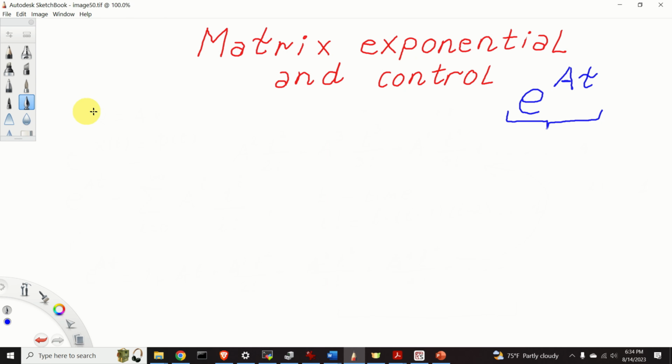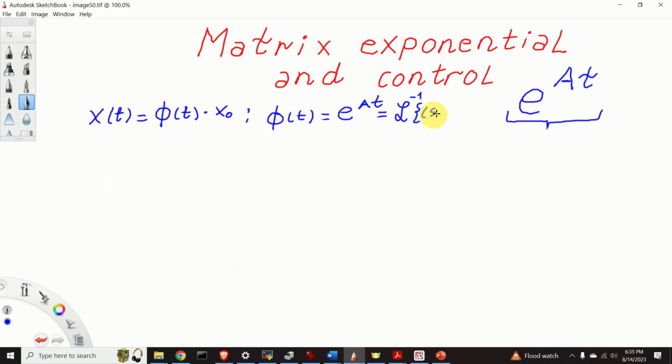Previously, we have shown that x of t can be expressed as the state transition matrix times x0. And we claim that the state transition matrix is actually our matrix exponential, and that's precisely the inverse Laplace transform of our resolvent matrix.